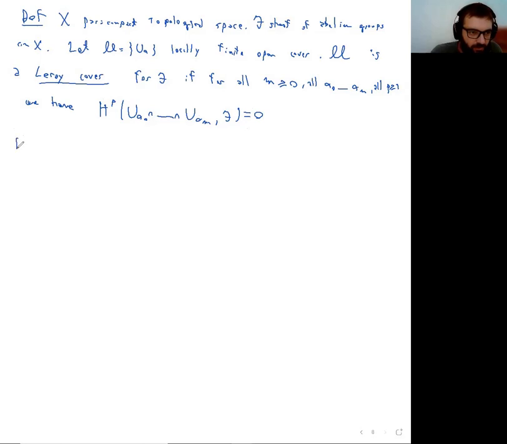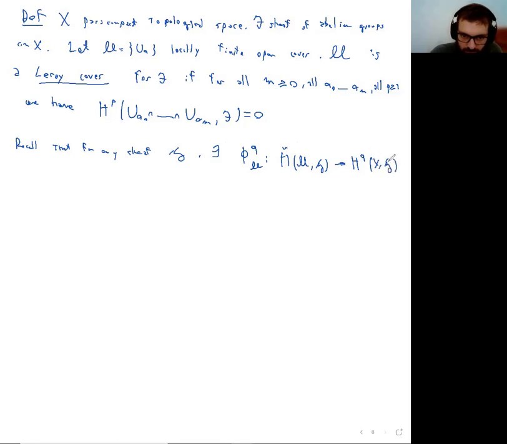And just one thing I want you to recall is that for any sheaf G, we always have a map from the Čech cohomology with respect to a cover to the general Čech cohomology. Okay, and why are Leray covers important? This is the Leray theorem.